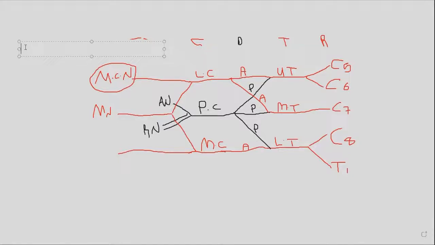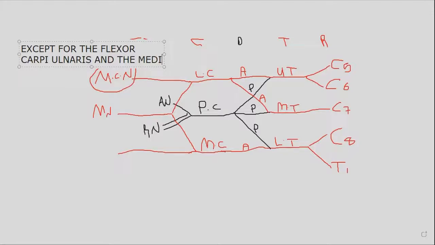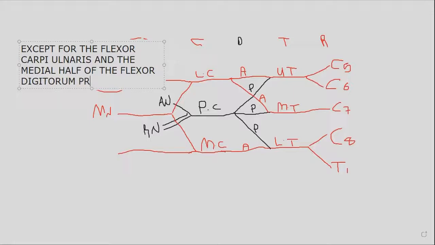In short, you can say the median nerve innervates all the muscles on the anterior compartment of the forearm except for the flexor carpi ulnaris and the medial half of the flexor digitorum profundus.